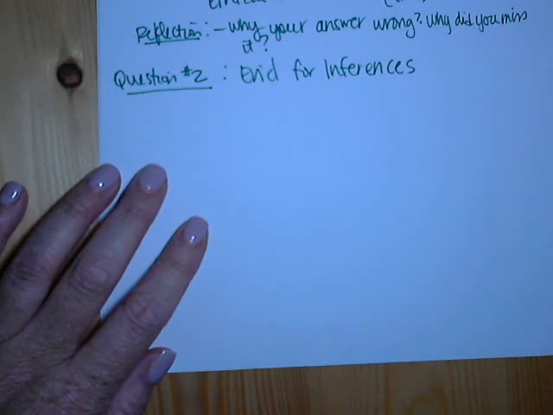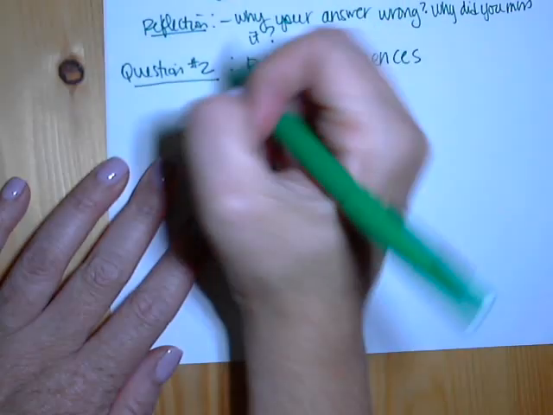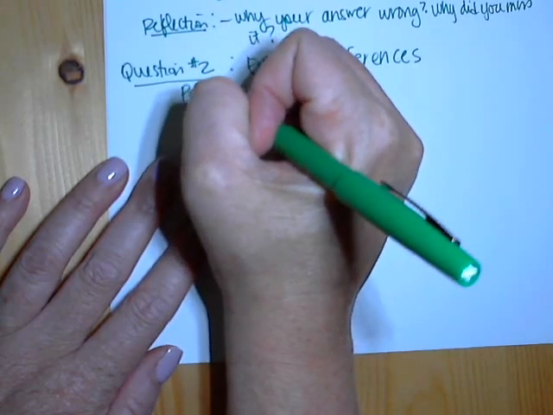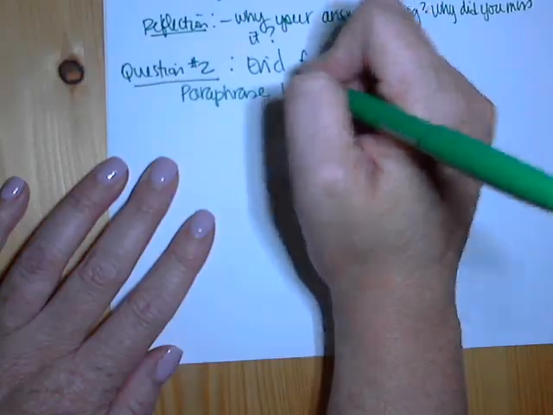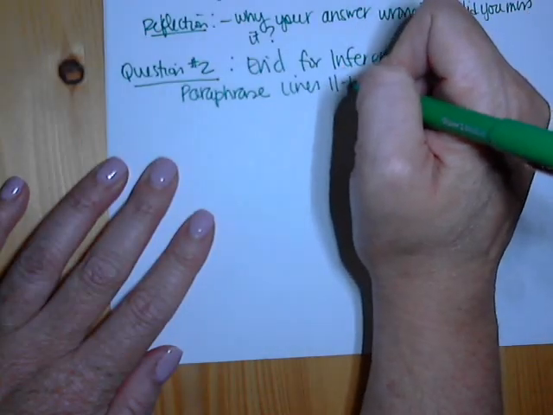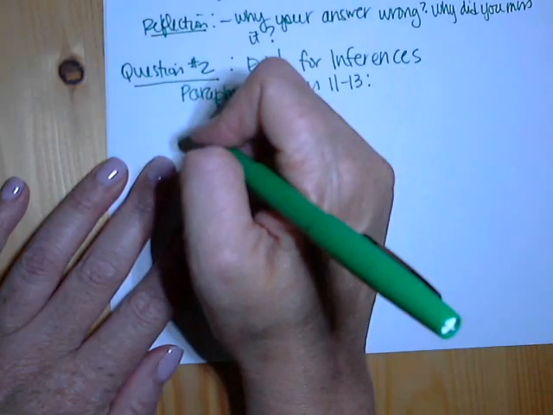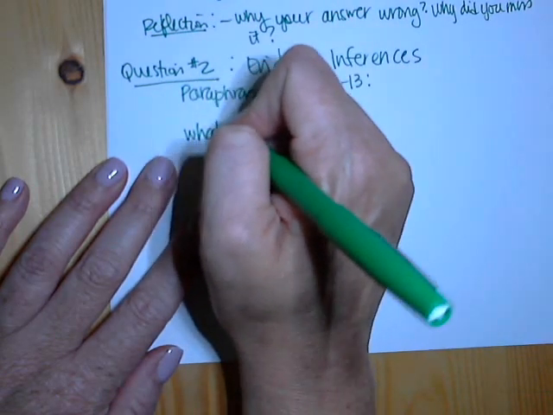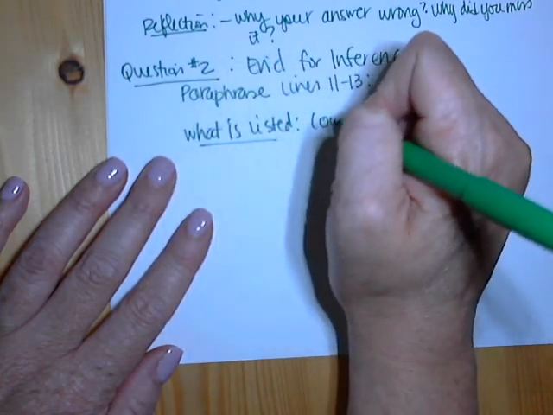Okay, so what do I need to do first? Yep. Paraphrase lines 11 through 13. And I'm going to separate it because, first of all, it asks for the paraphrase, it asks for the lines, and then talks about the list. And then I'm going to say what is listed. And this needs to be, again, in your own words.